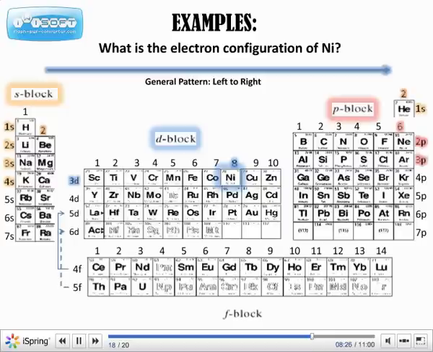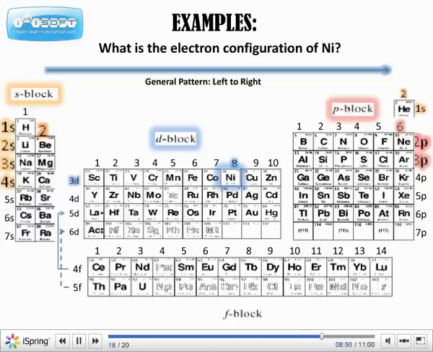What is the electron configuration of Ni? Located on the periodic table. Always start from H. 1s2. First period complete. 2s2. 2p6. Second period complete. 3s2. 3p6.